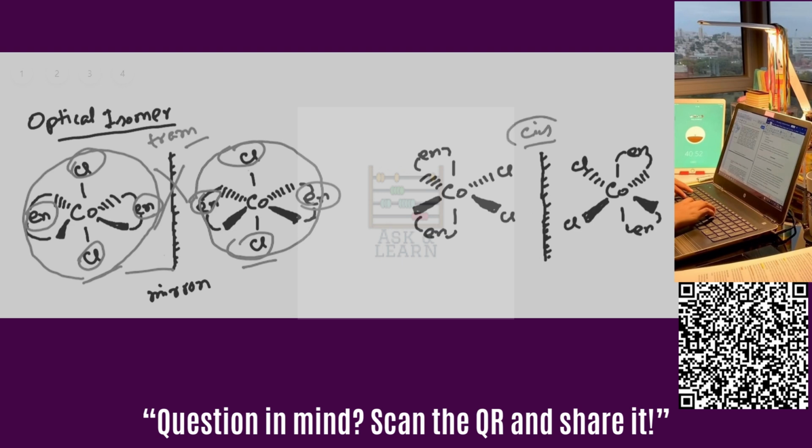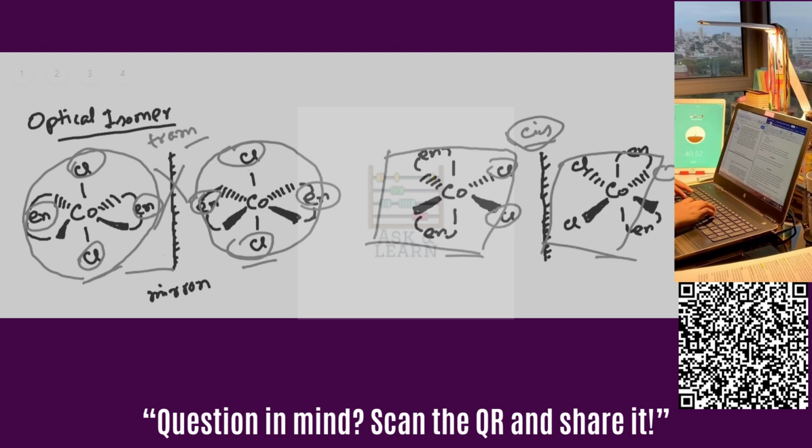But in the case of this cis example, you can see that this formula is not superimposable on its mirror image, because if we take the whole formula from here and superimpose it on this, we can see the chlorine is here, but here there is no chlorine.